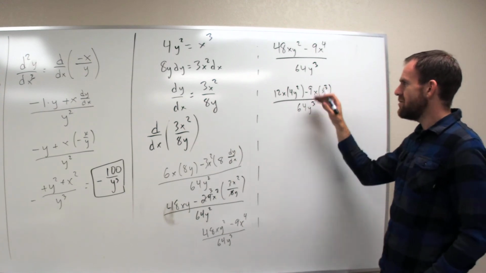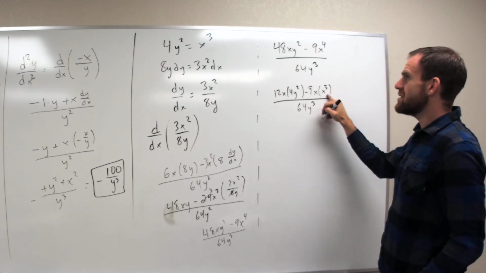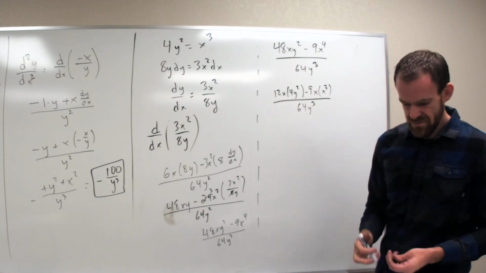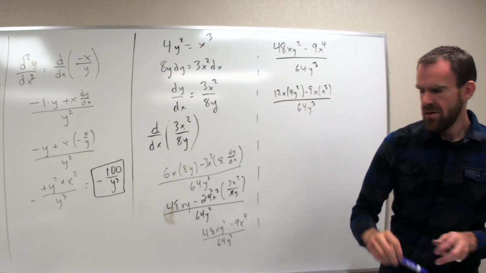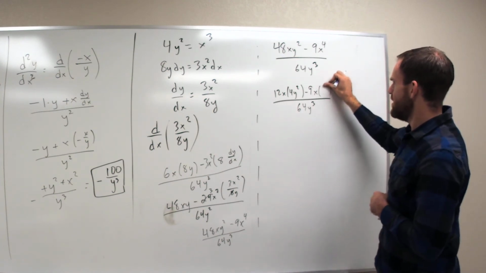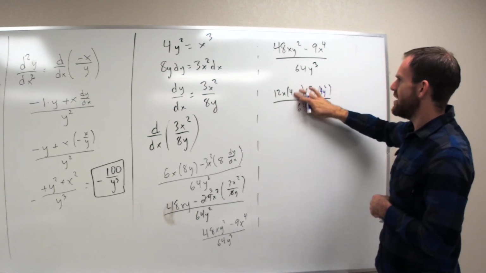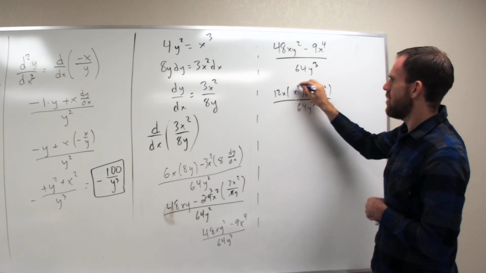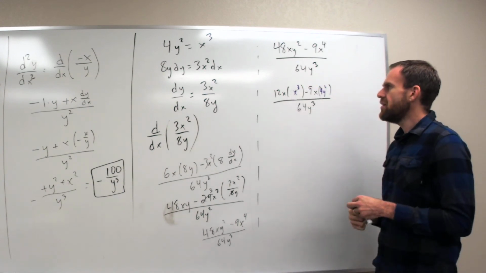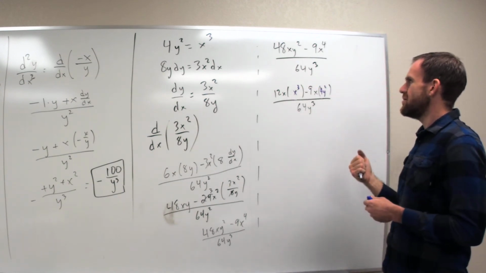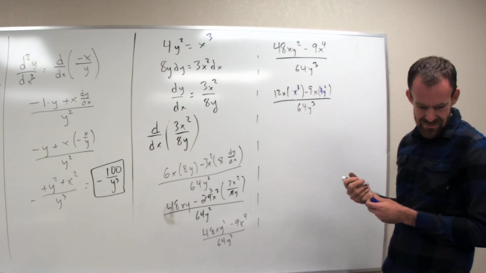So let's see what we get here. X cubed is 4y squared. So I'll replace that lazily by erasing. And 4y squared is x cubed. So now I have, why did I do that? Yeah, it works.